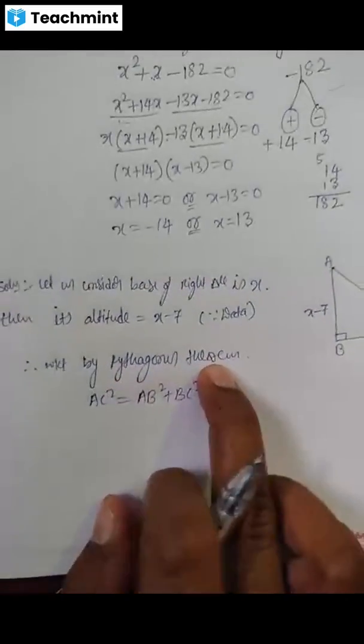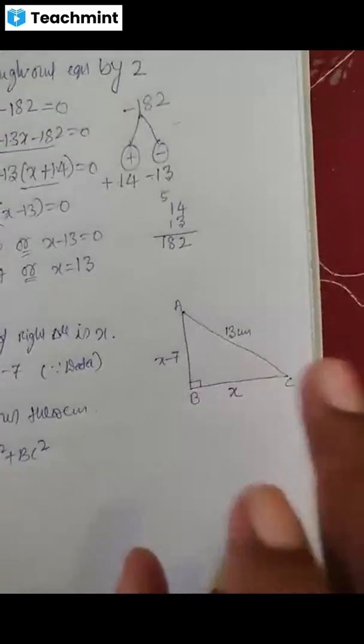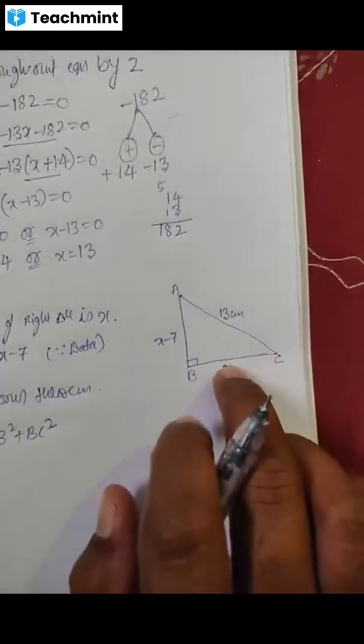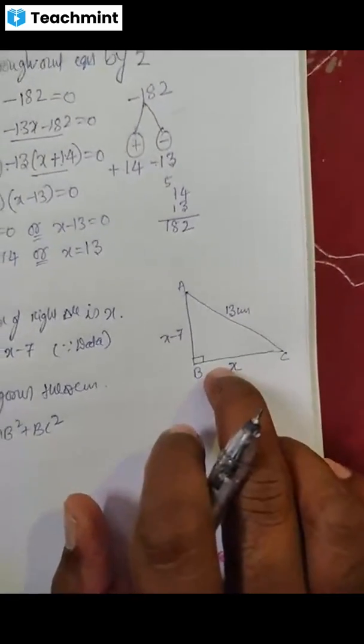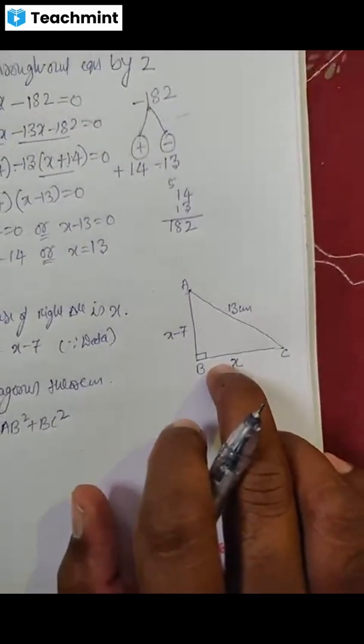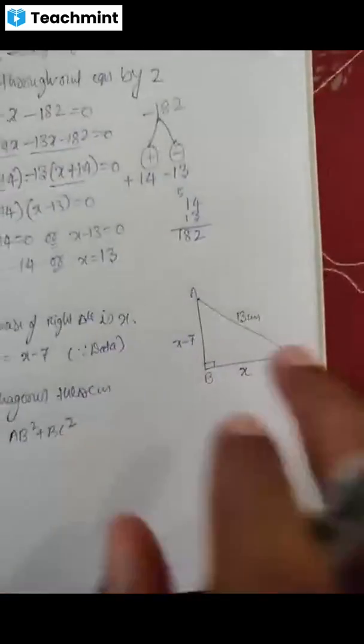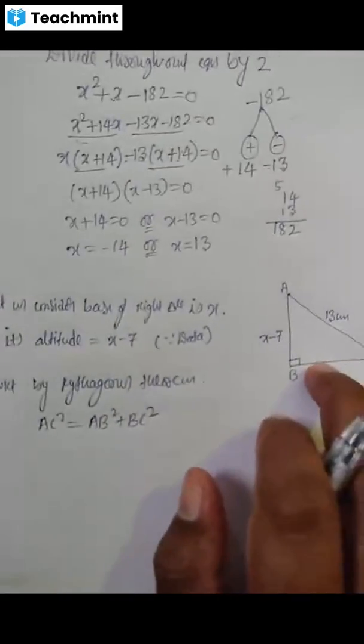So this is the statement of what? Pythagoras theorem. We already used this in 8th standard as well as in 9th standard. In this 10th standard we also need to derive or prove the Pythagoras theorem later in the triangles chapter.